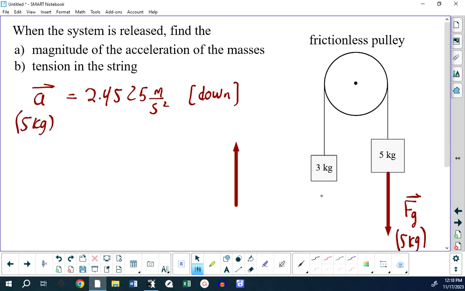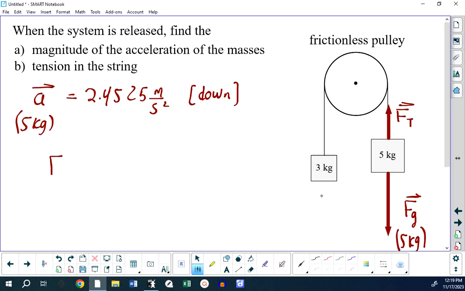Let's keep that in mind. If the 5 kilogram mass is accelerating down, then this applied force upward on it, which is the tension, has to be smaller than the force of gravity. So this is the tension in the string, which is the applied force upward on the 5 kilogram mass.